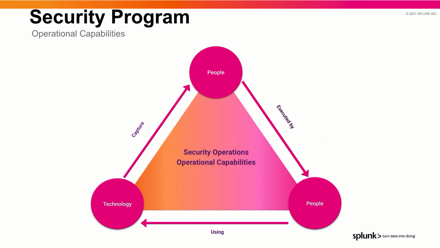So in terms of the security program section, this is essentially all about operational capabilities. You should see these as something acquired in an evolutionary fashion over time. This is meant to illustrate how capabilities are added through that combination of people, process, and technology.